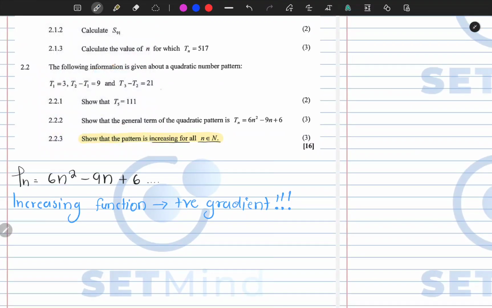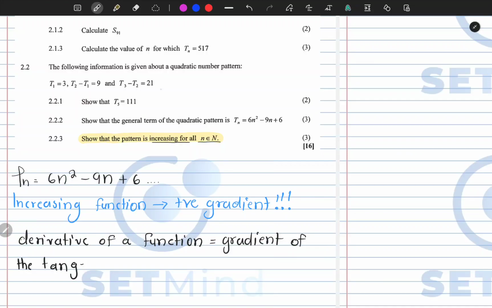And when you are given a function, how do you find the gradient? What you should remember is that the derivative of a function gives you the gradient of the tangent to the function at any point n.